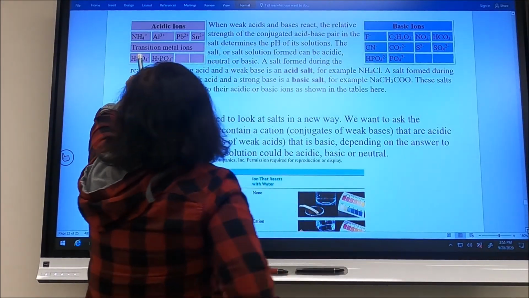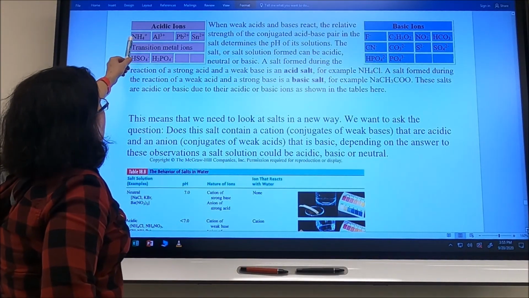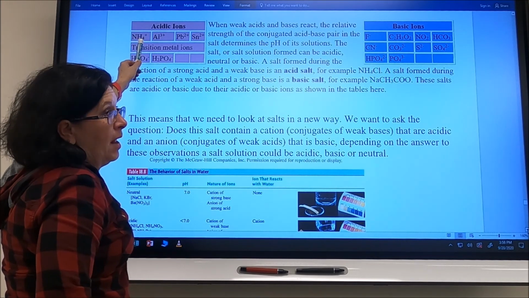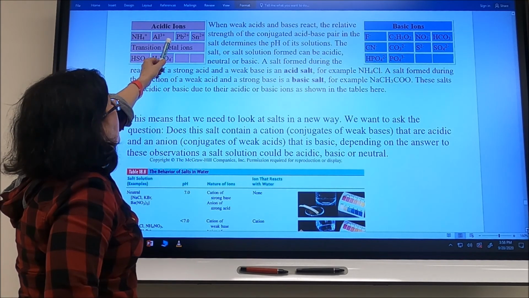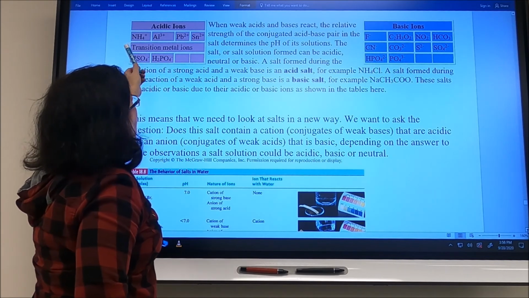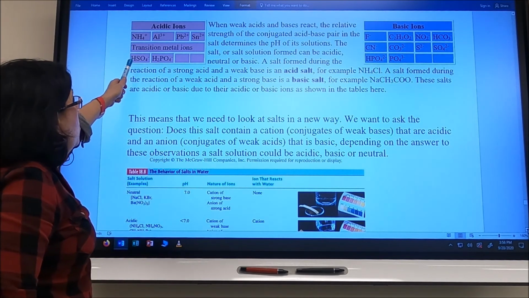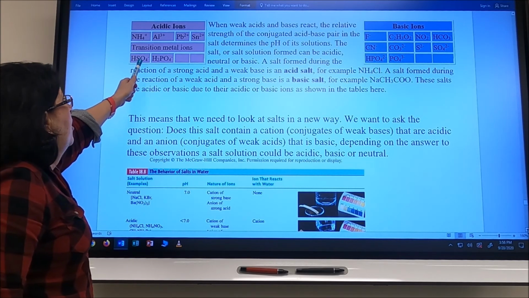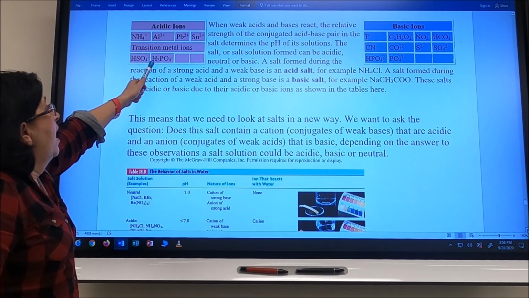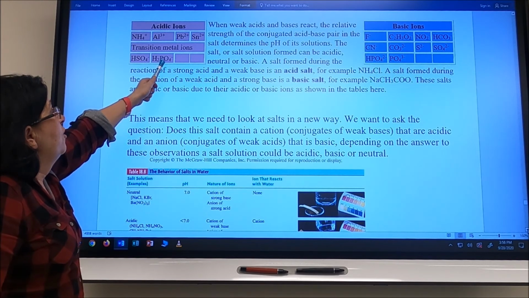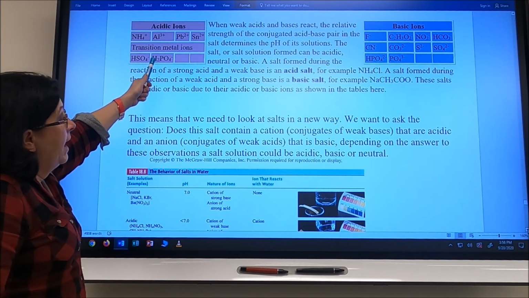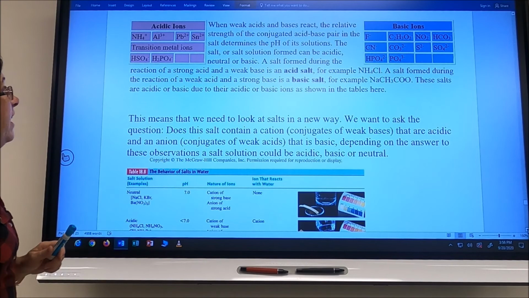So acidic cations would be things like the ammonium ion, ions made out of amines, the aluminum ion, the lead ion, the tin ion, and transition metal ions. You also have the hydrogen sulfate ion and the dihydrogen phosphate ion, which are anions which are actually acidic.